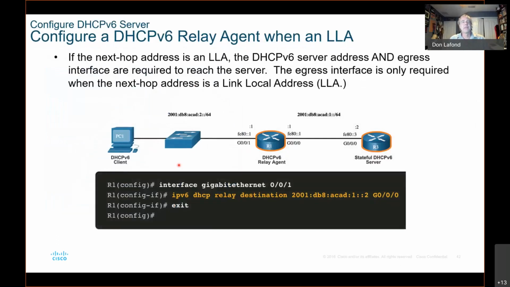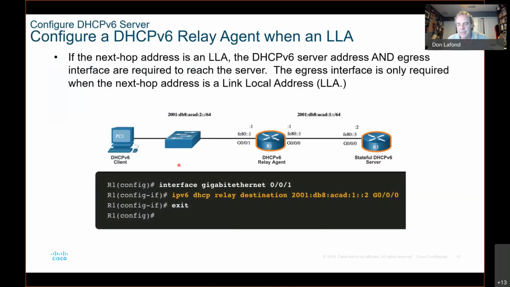Now, configuring a DHCPv6 relay agent when a link-local address is the next hop. The DHCPv6 server address and the egress interface are required to reach the server. The egress interface is only required when the next hop address is a link-local address.